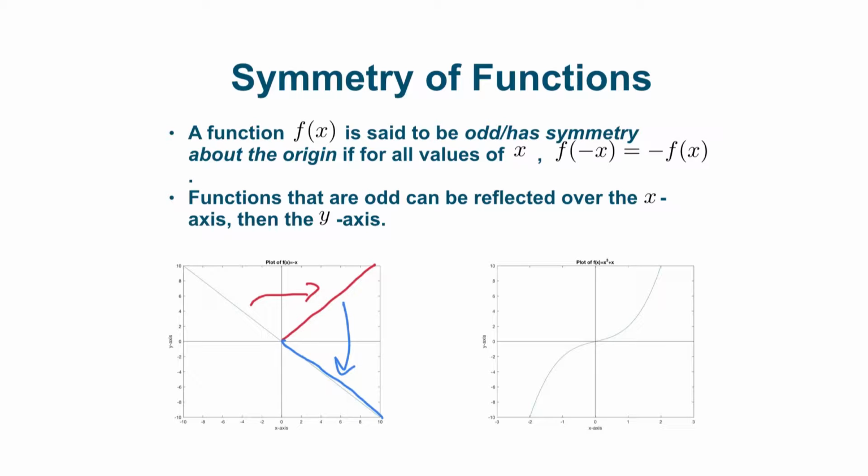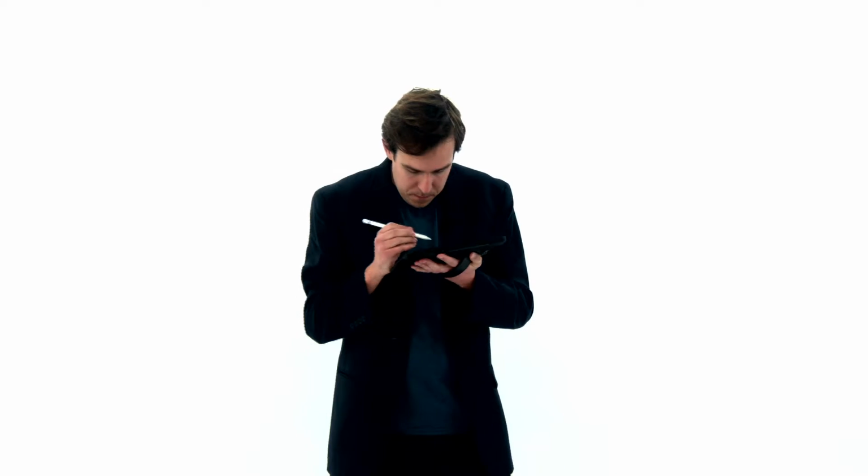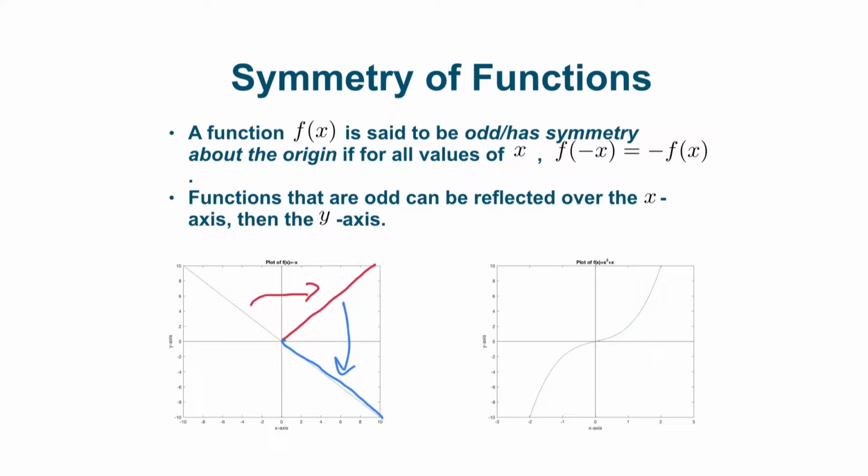On the right, I have a more complicated function, f of x equals x cubed plus x. To show the symmetry, I'm going to do the same thing. First, I'll reflect over the y-axis and then over the x-axis. So reflection 1 and 2.